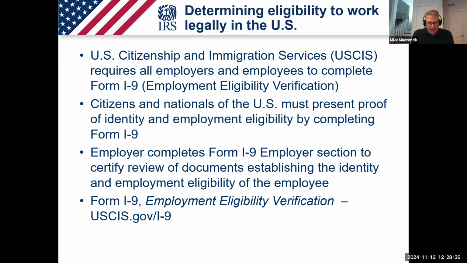Form I-9 lists several documents or combinations of documents that the employee must show you to satisfy the requirement. For example, an employee may provide a U.S. passport or a driver's license or a birth certificate. You can find Form I-9 as well as more information on the USCIS's website.